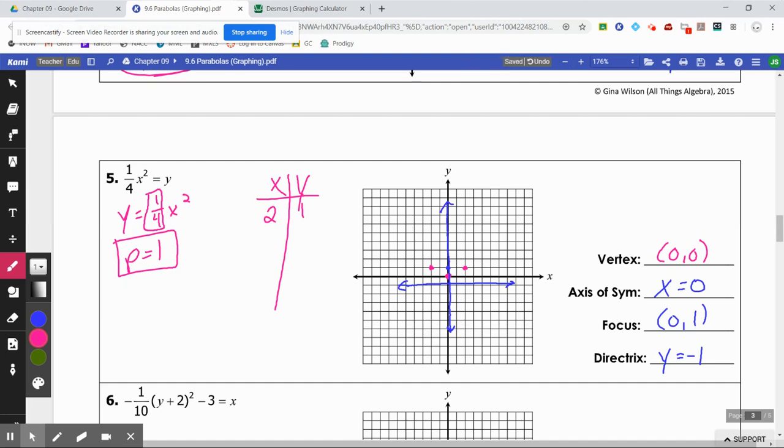If you would like more points, 4 would be another nice point to pick. 4 squared is 16. A fourth of 16 will be 4. So when I pick 4, I get 4. Using the axis of symmetry, I get the same on the other side as well. And we've got our parabola there. That's plenty of points.